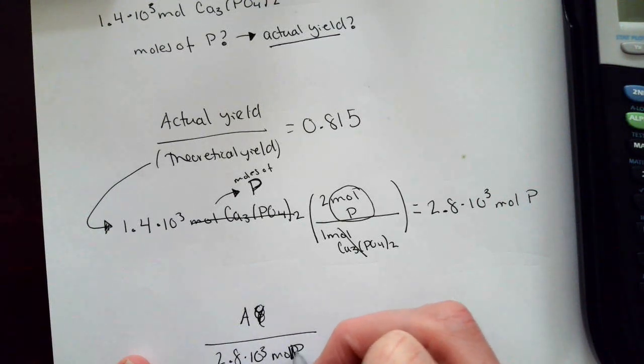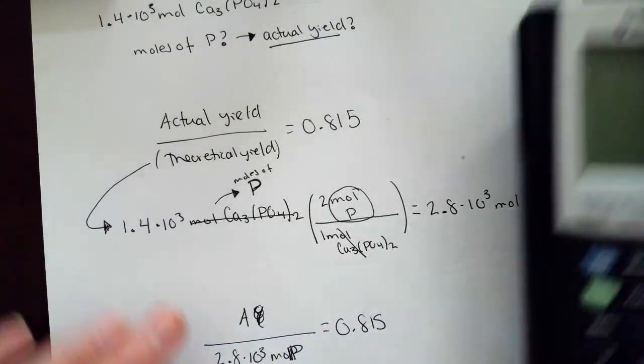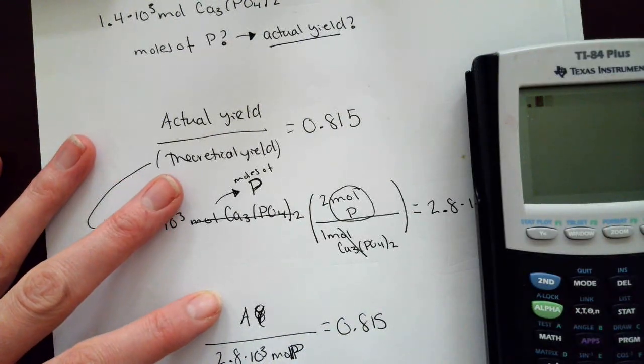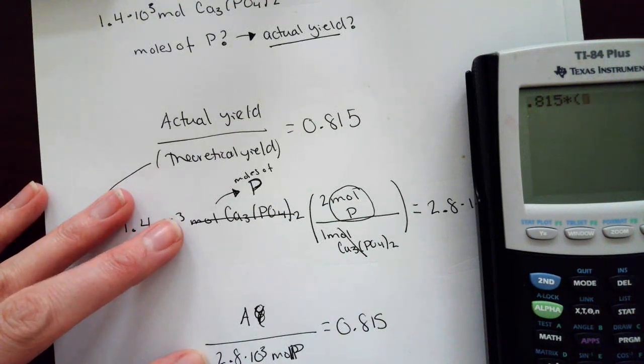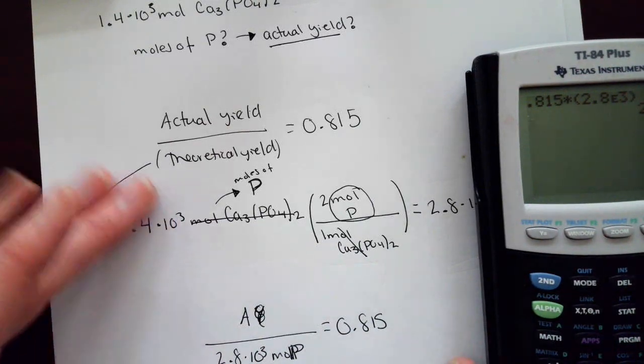Moles of phosphorus. It's equal to 0.815. To get A by itself, you take 0.815 times that 2.8 times 10 to the third.